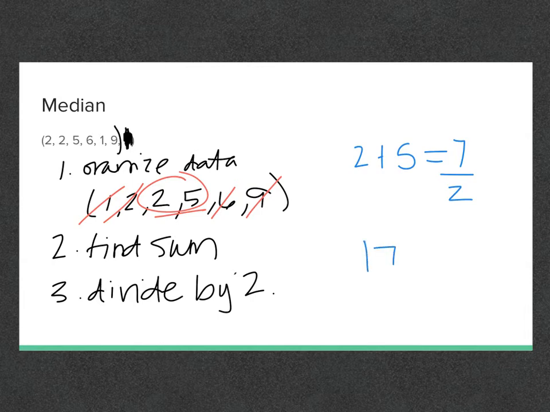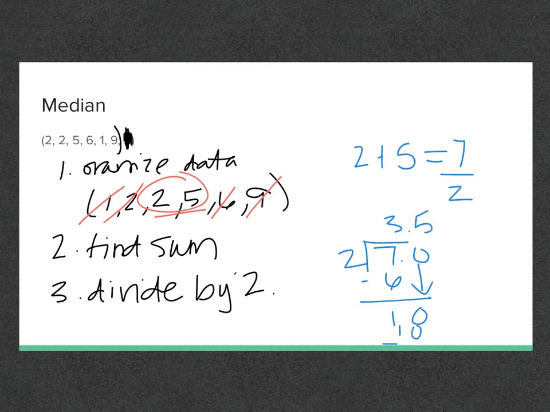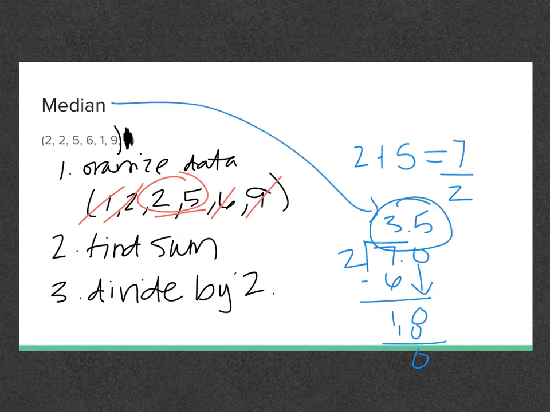So 7 divided by 2, well, that's 3. Subtract, I have 1 left over, put in my decimal, bring down my 0, 2 goes into 10 5 times, and I'm left with 3.5 as my median. Okay, so there are 2 different situations. One will leave you with 1 number and one will leave you with 2.